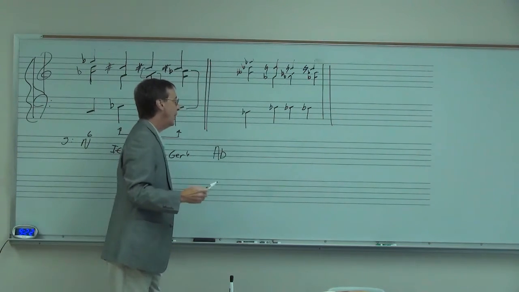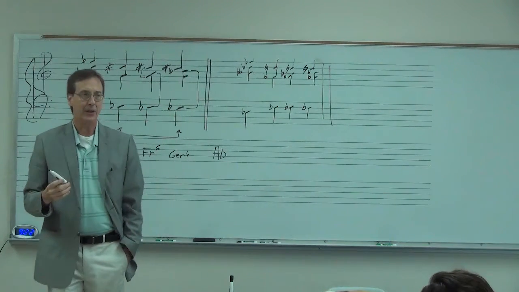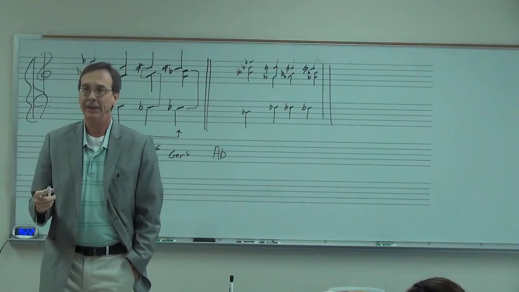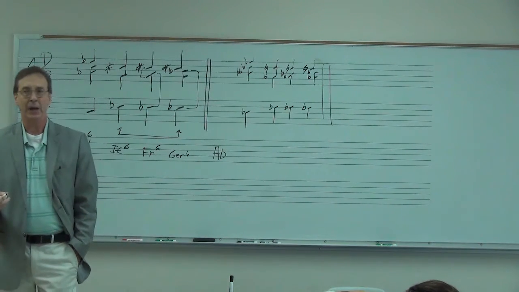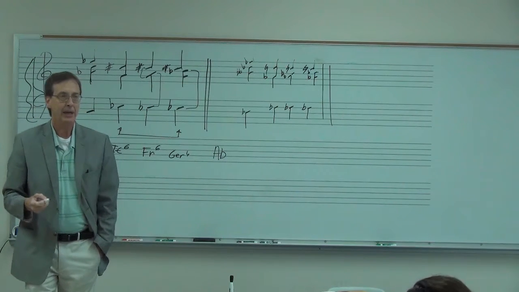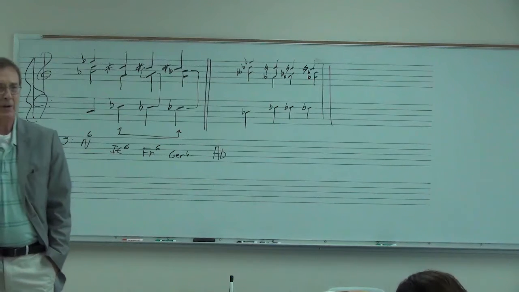Okay, so a diatonic semitone above A flat is B double flat, yes? A major triad built on B double flat is B double flat, D flat, F flat. How do I know that?